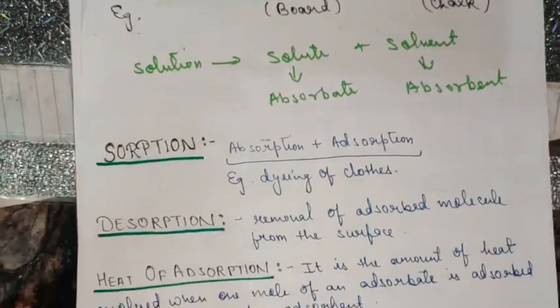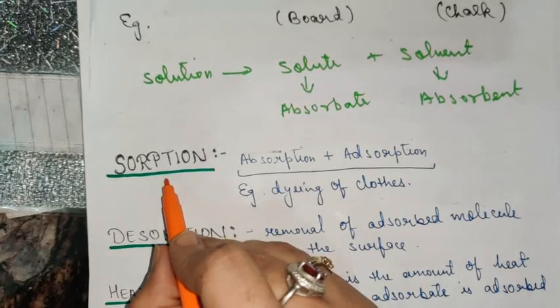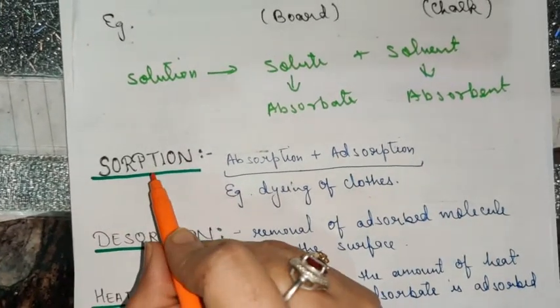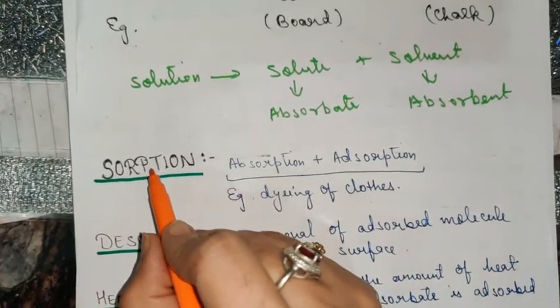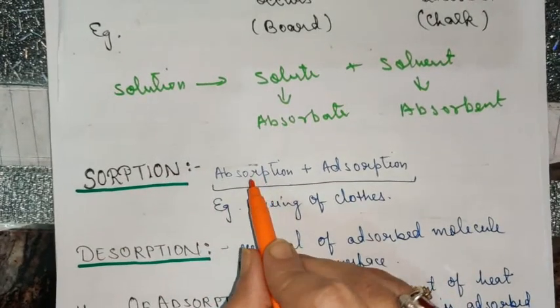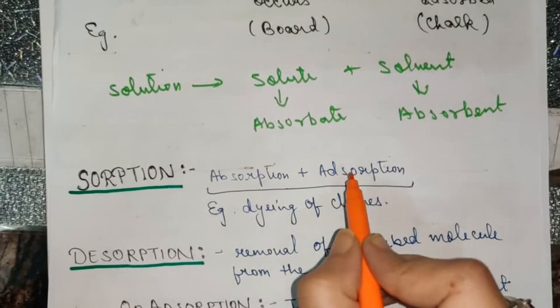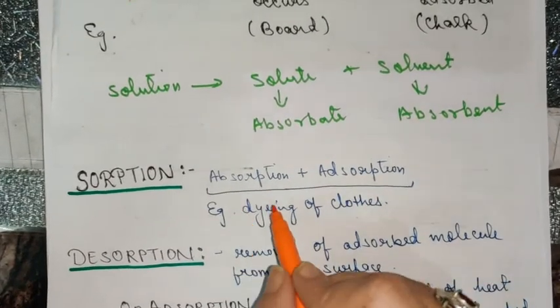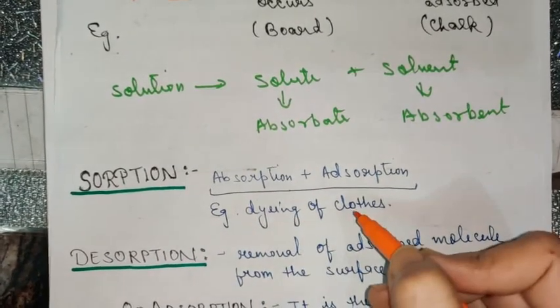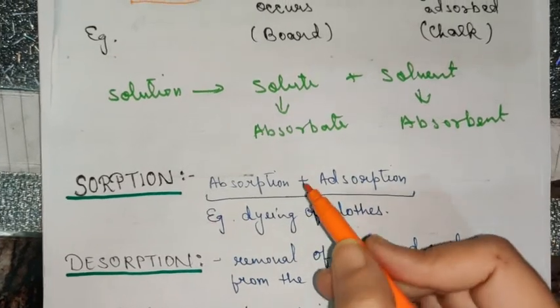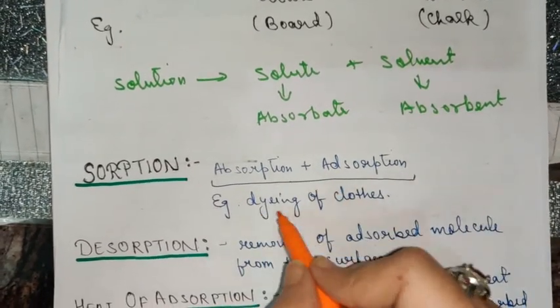Now coming to another important term, sorption. Sorption is a phenomenon where you see absorption and adsorption both occurring together. Example, dyeing of cloths. You must have seen a dyed cloth. What happens in the process of dyeing?